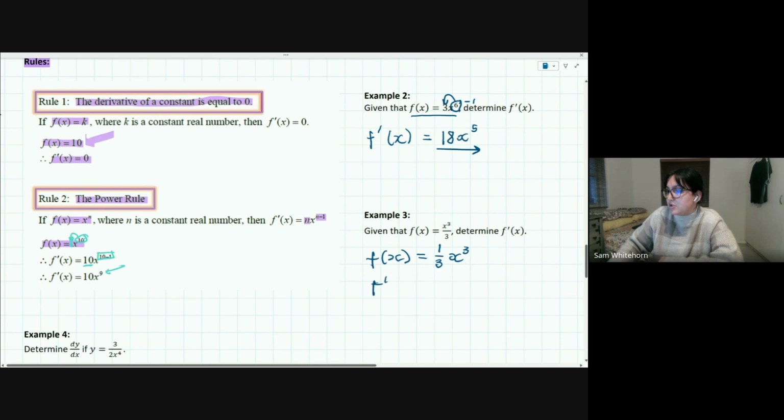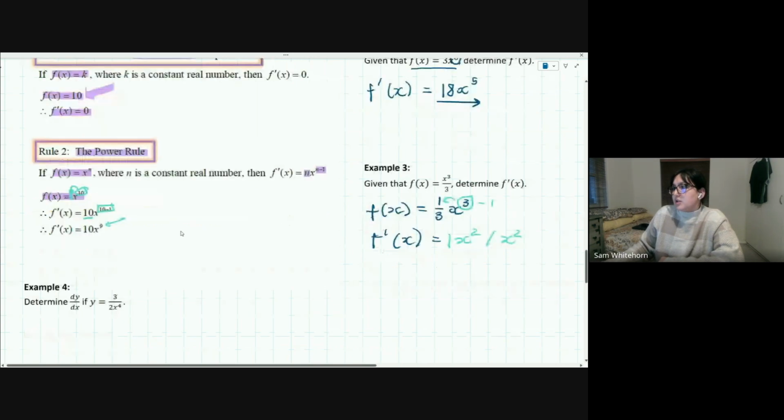So now I can introduce my f dash x, and I use the same rules that I was using earlier. First thing I do is take my exponent and multiply it by a third. A third multiplied by 3 is actually just 1. And then I subtract 1 from my exponent, leaving me with 1x squared, or obviously just x squared is absolutely fine.